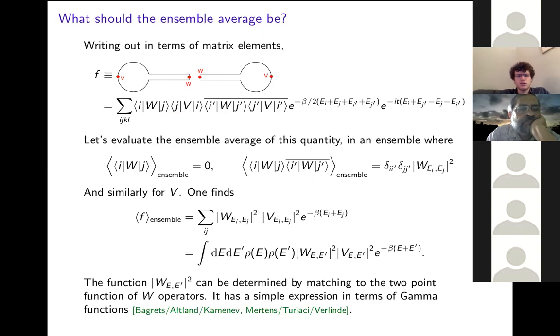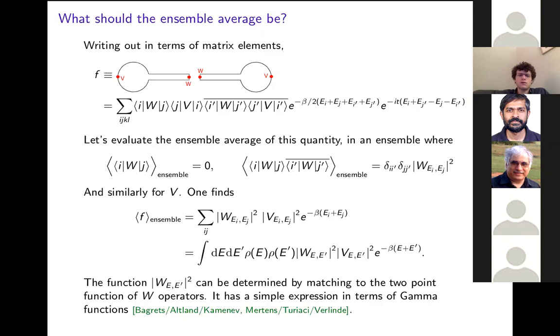But you still need to extend the ordinary ETH to this product of these matrix elements, to a higher moment of the statistics. Oh, so not just the second moment, but the fourth moment? Oh, you mean to compute, since we have 4 matrix elements here? Yes.